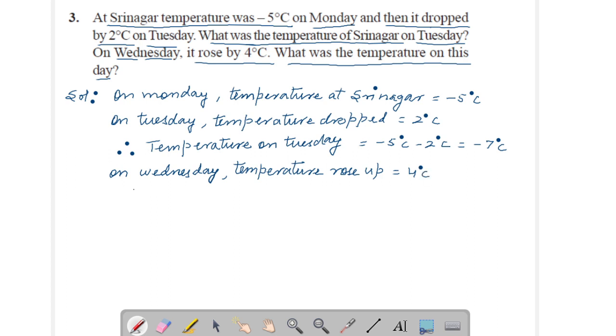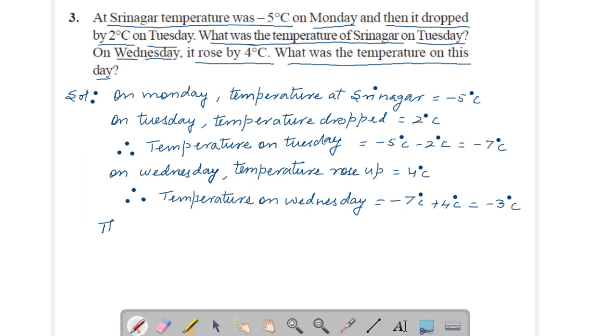Therefore, temperature on Wednesday equal to -7 degrees Celsius plus 4 degrees Celsius. -7 plus 4, it is -3 degrees Celsius.